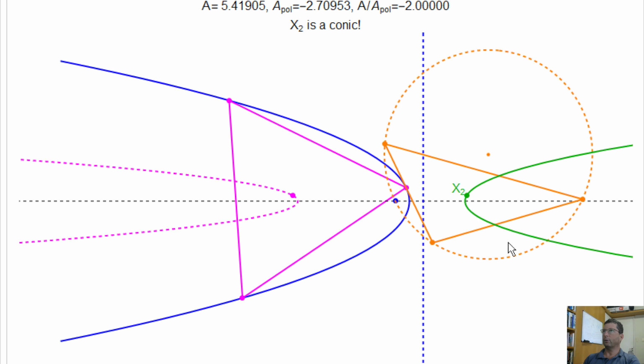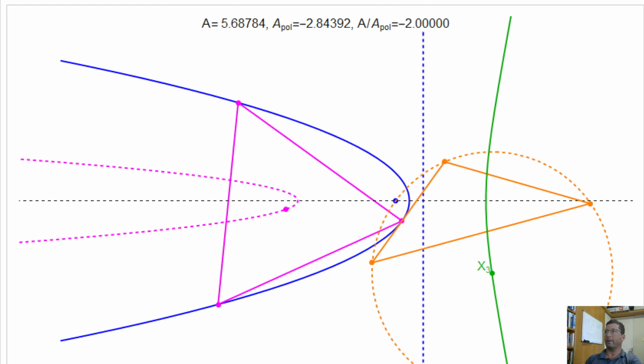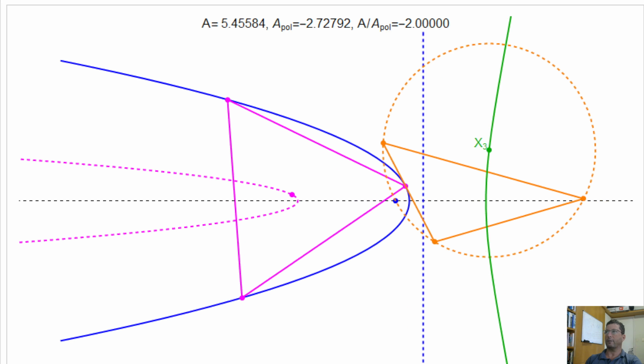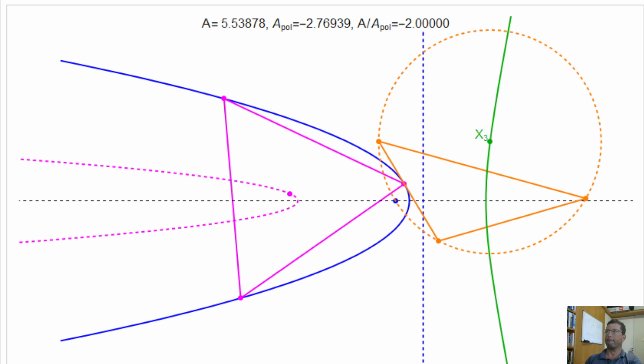If you go for X2, my least squares conic detector is saying this guy here is a conic, likely a parabola. What are the parameters of this parabola? How about the circumcenter, which is the center of this dashed orange circle? It's not sweeping a parabola. It's not sweeping a conic, actually. So is this a quartic? What kind of a curve is that?